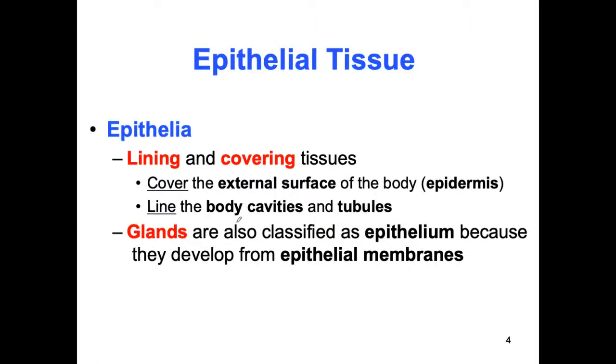Now, the first type of tissue we're going to focus on is epithelial tissue. Now, in terms of function and location, generally speaking, epithelia or epithelium, they're both interchangeable terms. Epithelia or epithelium is the type of tissue that lines, it's a lining and a covering type of tissue.